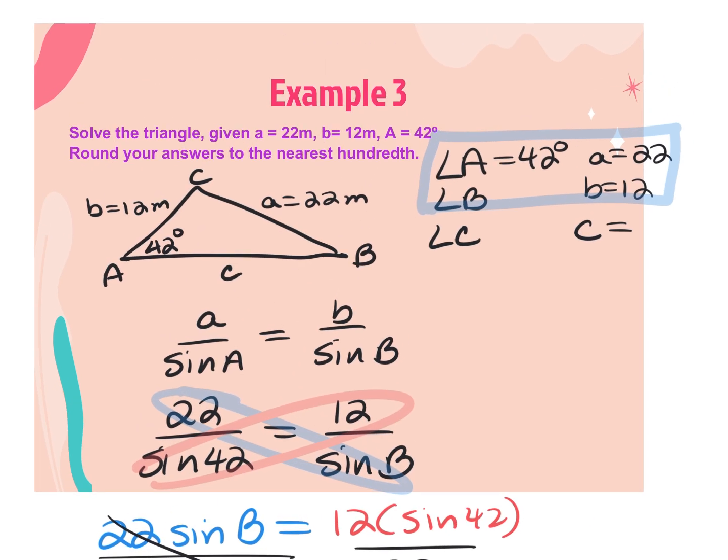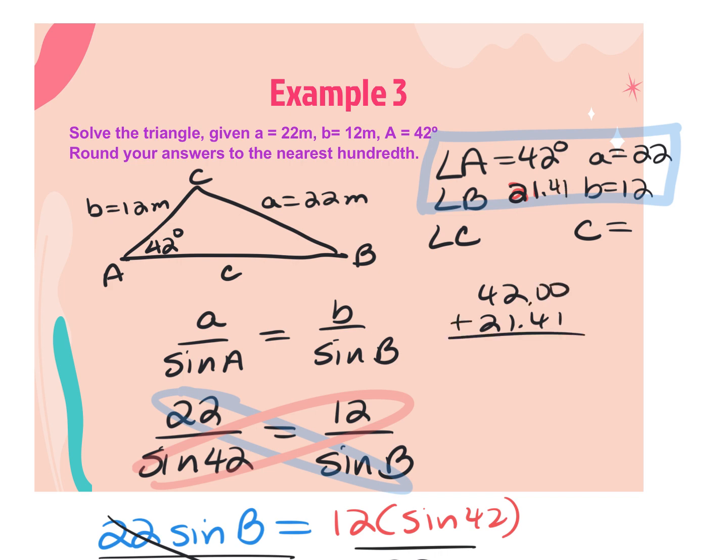All right, so now I've got angle B, and that's going to be the 21.41. Now to find angle C, I'm going to do what I had done first on the other problem. I just add 42 and the 21.41. Add those two together and then subtract from 180.